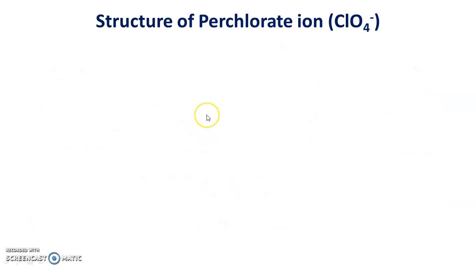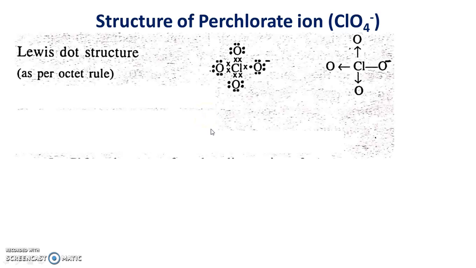Now the structure of perchlorate ion, that is ClO4 minus ion. So here the Lewis dot structure is, Cl is attached to 4 oxygen atoms and each chlorine is attached to an oxygen atom and there are 4 bonding pairs.